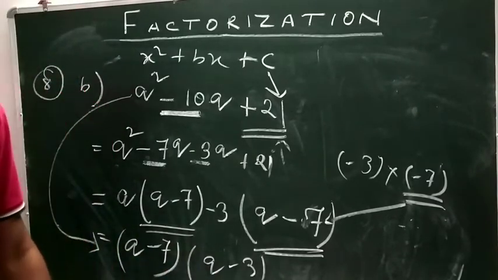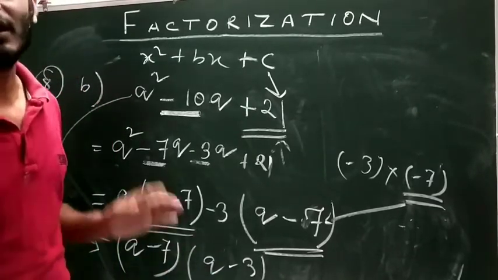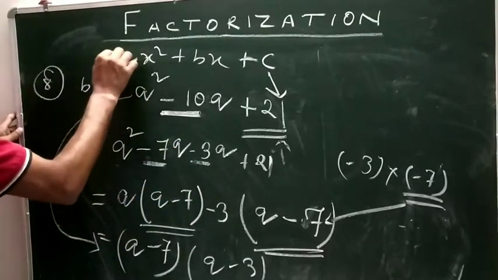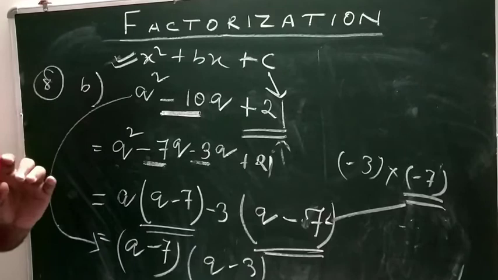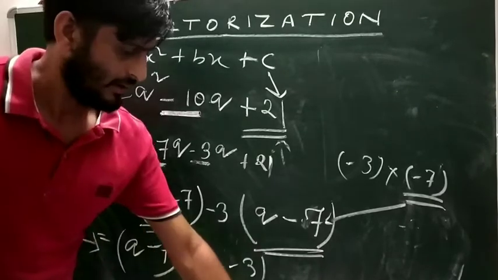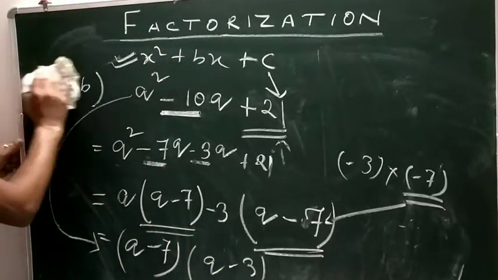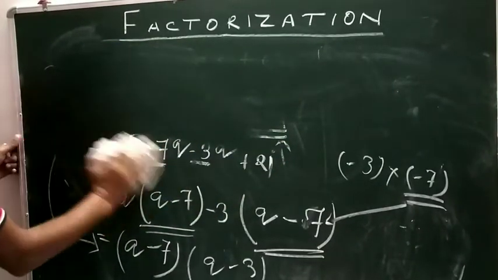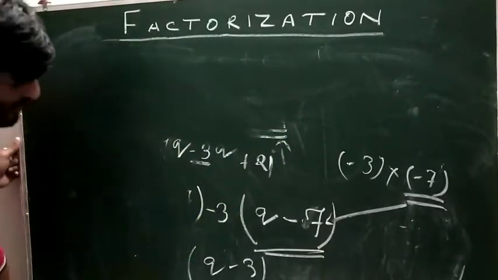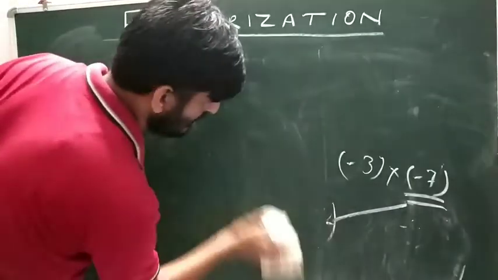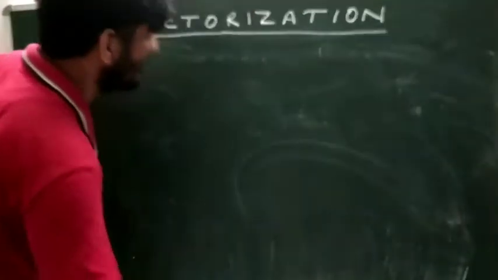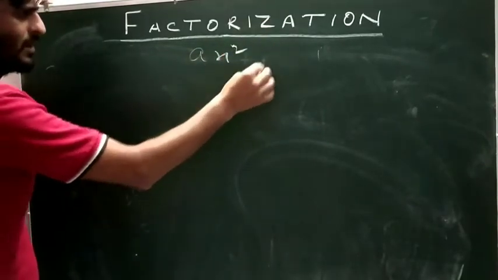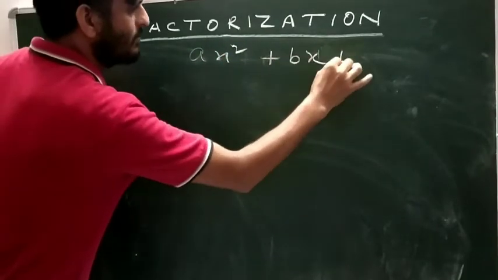So this is the way we factorize an algebraic expression by using the middle term when it is in this form, x square plus bx plus c. Okay, now we will go to the next part: algebraic expression factorization by splitting the middle term when the expression is in the form ax square plus bx plus c.